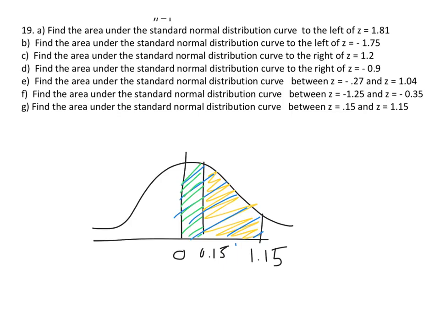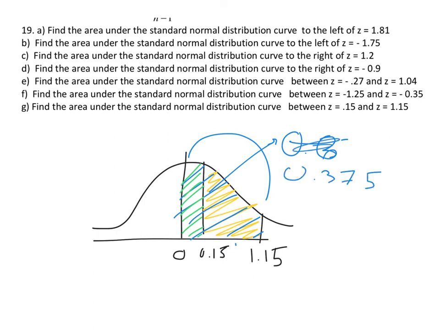Okay, so putting that in here, this whole blue area is 0.375. And this green area is 0.06. So to find what's left, to find the yellow, I need to subtract. Okay, so 0.375 minus 0.06 leaves me with 0.315.